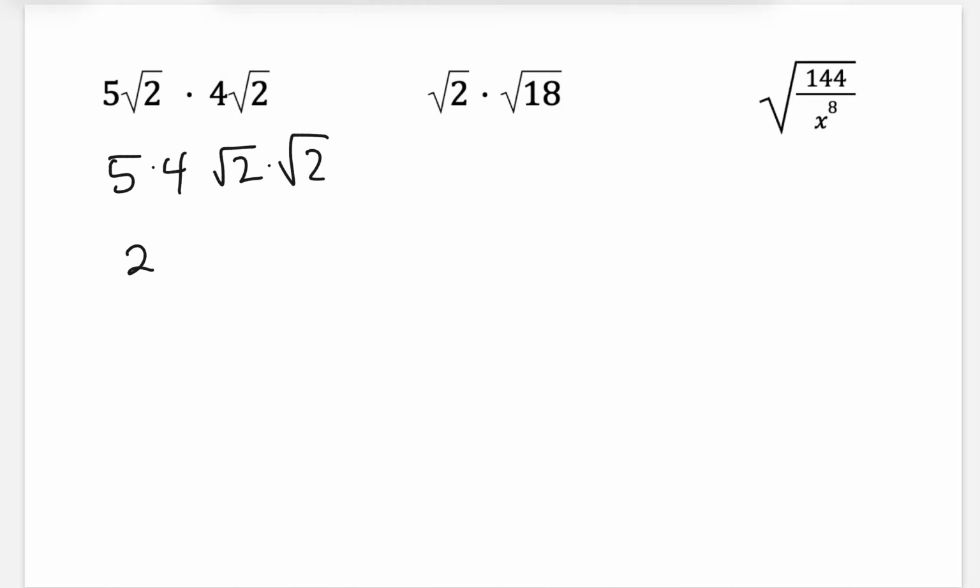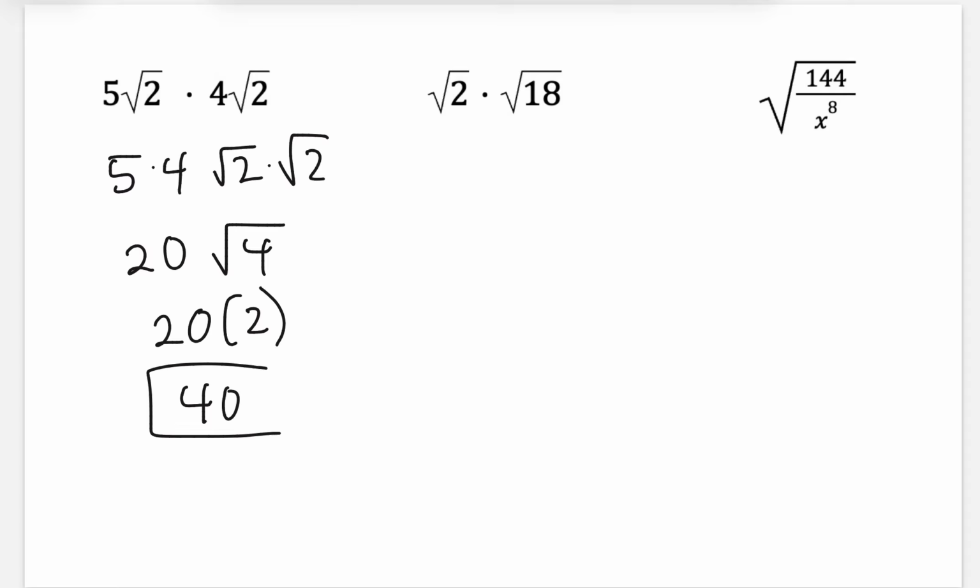So that's 20. And square root of 2 times square root of 2 is going to be the square root of 4, which is just 2. And so we end up getting 40. So you multiply the square roots together and you multiply the numbers out front together.